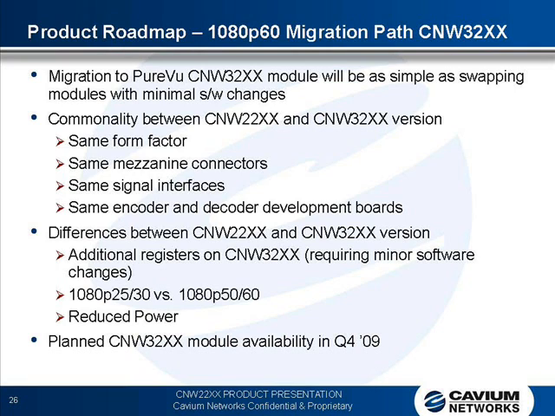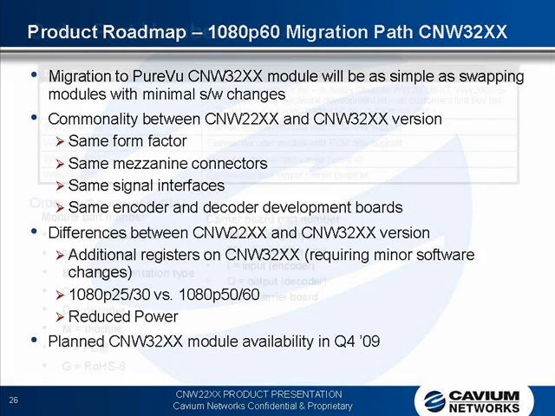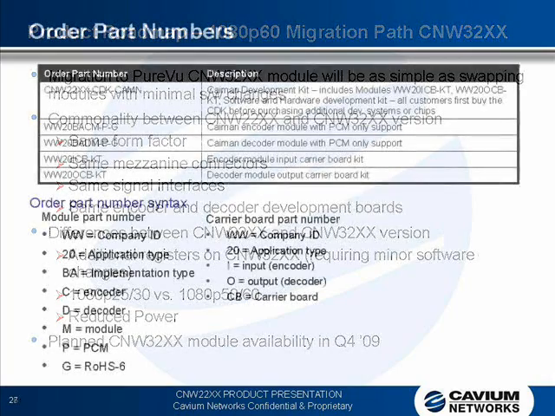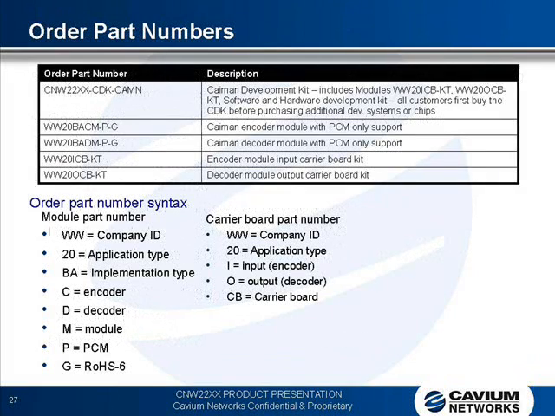It's basically the same form factor, same mezzanine connectors, same signal interfaces, same encoder decoder development boards. The difference between these two is there'll be a few additional registers that require minor software changes, but you're going to be getting 1080p60 versus 1080p30, and you'll get reduced power also. We have the product laid out today, and it will be available in Q409, if not sooner.